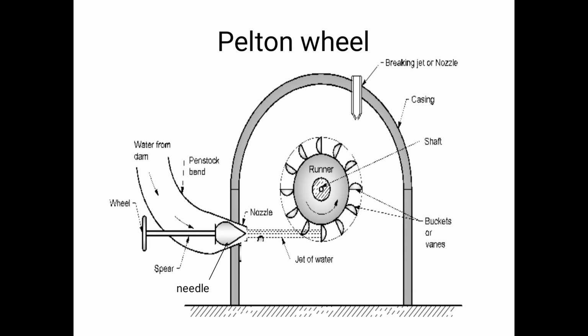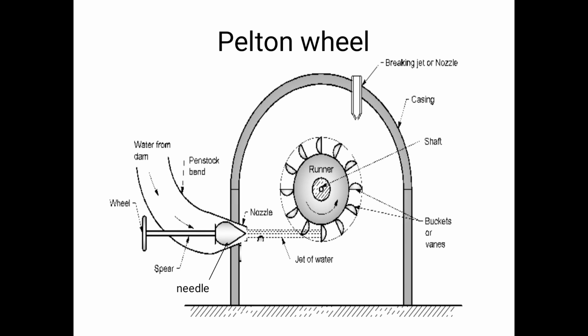In this topic, we are going to study the Pelton wheel turbine. As we have discussed in classification, the Pelton wheel turbine is an impulse turbine because the total energy available at the inlet of the turbine is only kinetic energy.